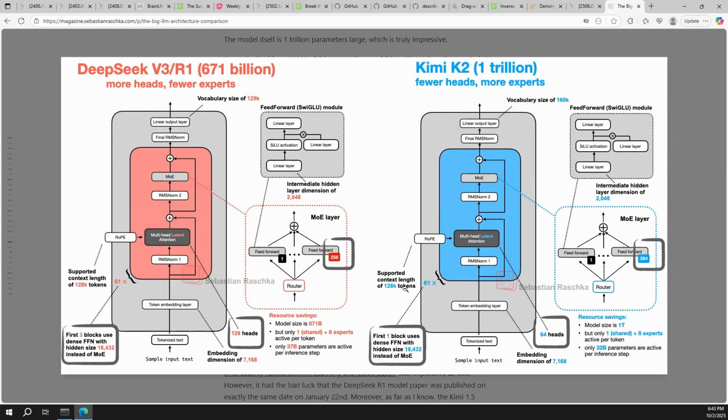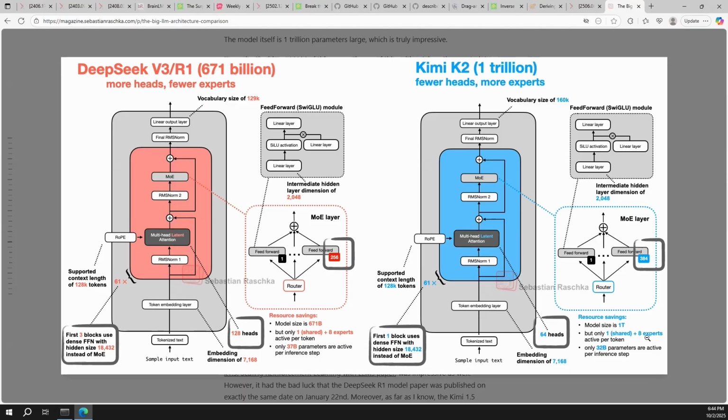You can see here 384 experts. Yeah, but the active ones, you asked? Sorry, yeah, 1 shared plus 8.